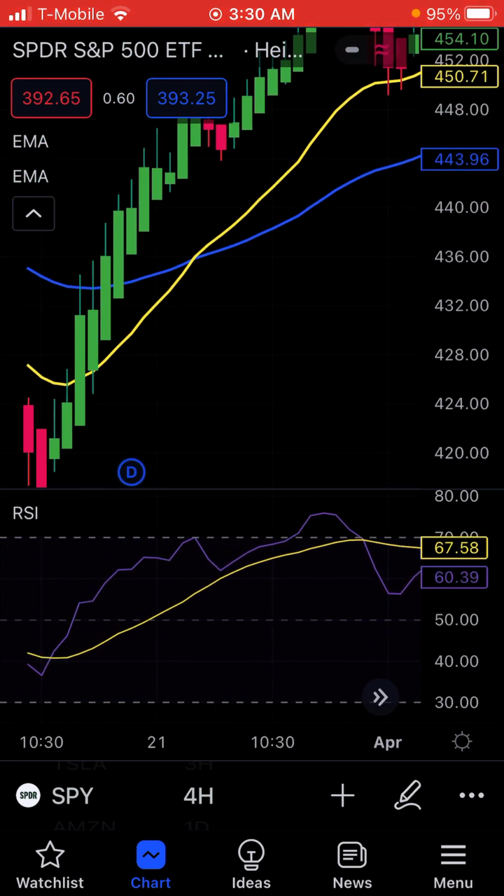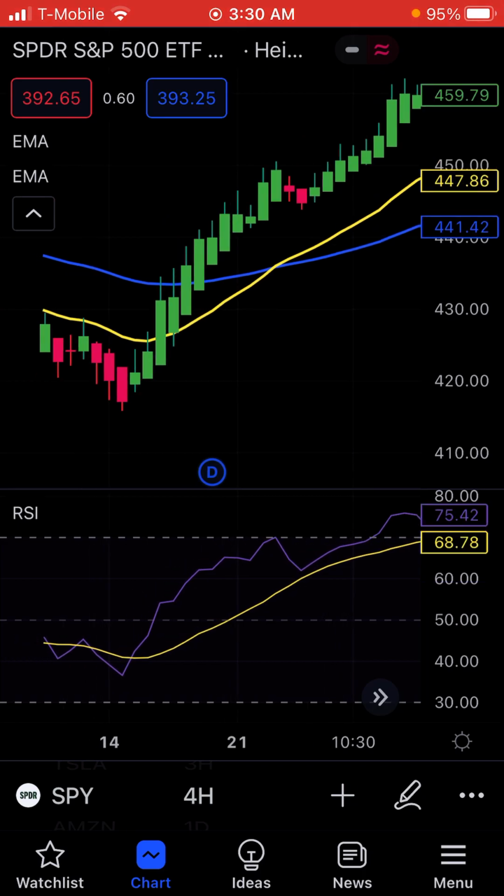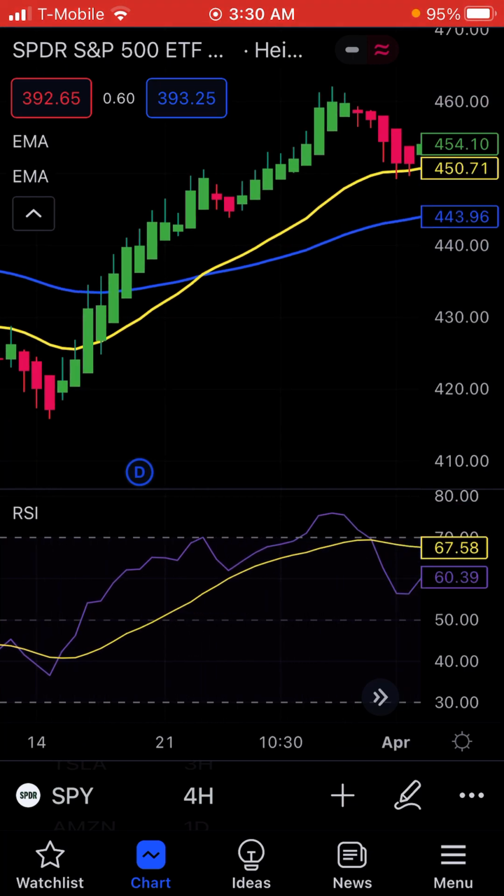Now, what I was talking about is I only focus on the 4 hour, because the 4 hour you can get a lot more information on where the market is going. So we're doing it the free way, which is basically just having the 20 and the 55, and you need to have your RSI as well.